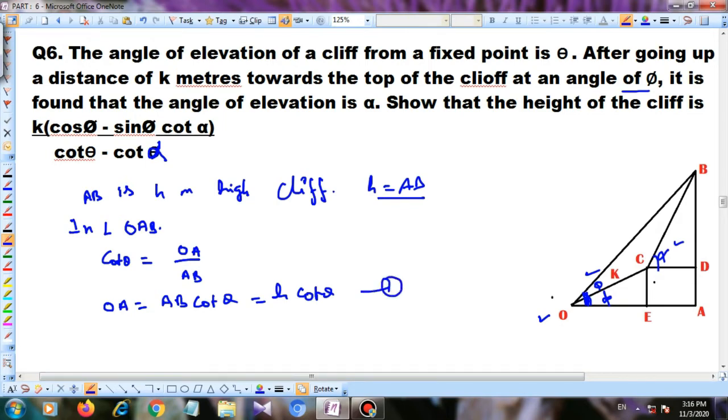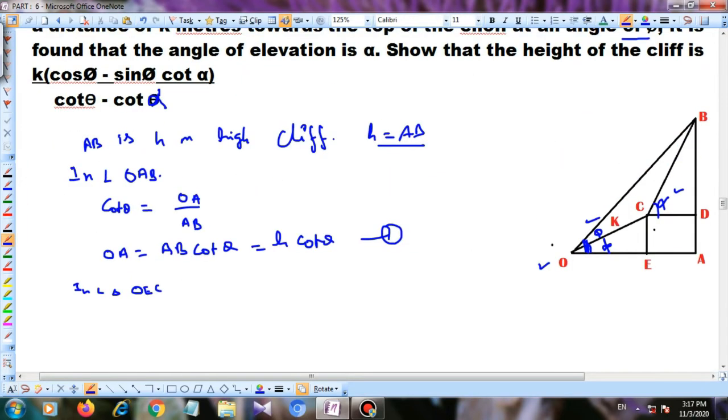Now in right angle triangle OEC, sin phi equal to CE upon K, right?